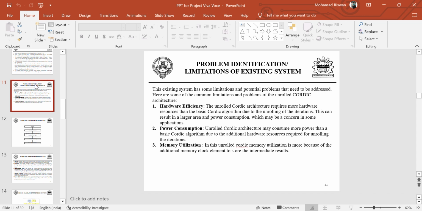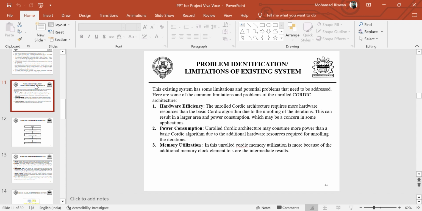In the past, in the conventional CORDIC, it holds sufficient memory and the power consumption is not lesser than what we propose here, but hardware efficiency is normal there.